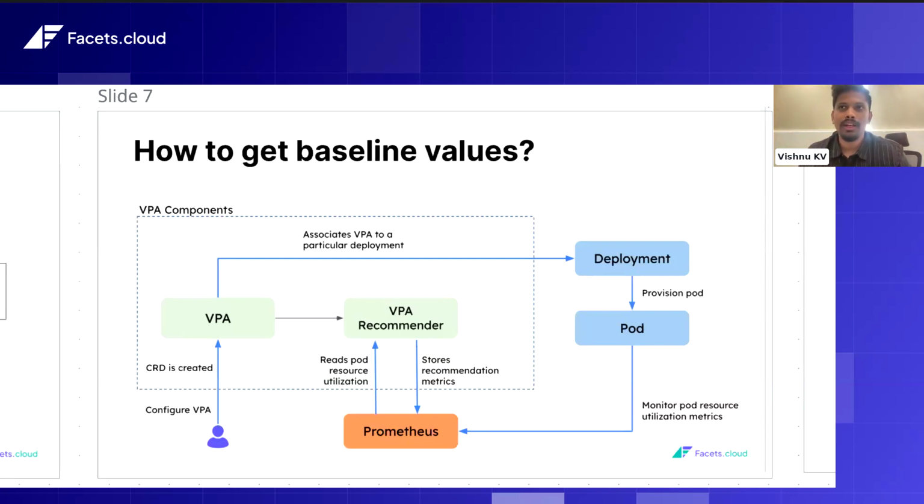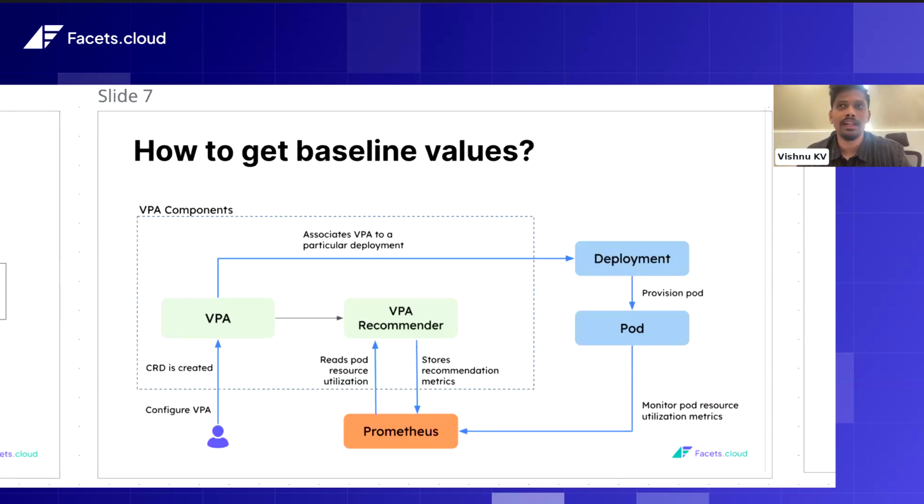Once you install VPA, it creates a CRD, a custom resource definition, in Kubernetes. You associate that VPA to a deployment, which is your workload, right? So VPA directly associates to your workload. Based on your workload name, the VPA recommender will start pulling all the metrics that are required.